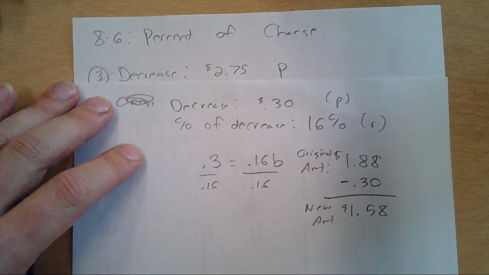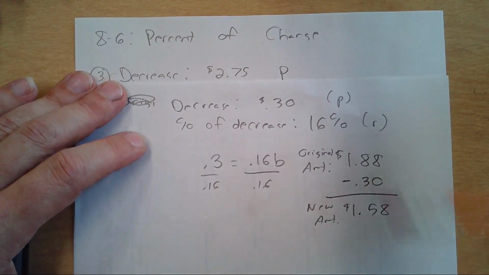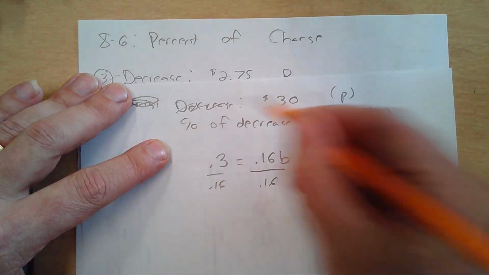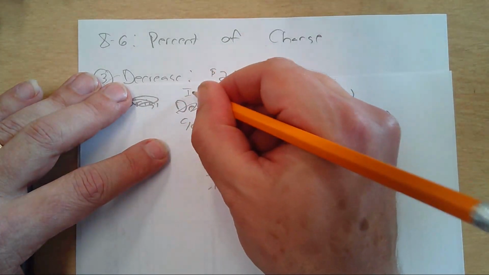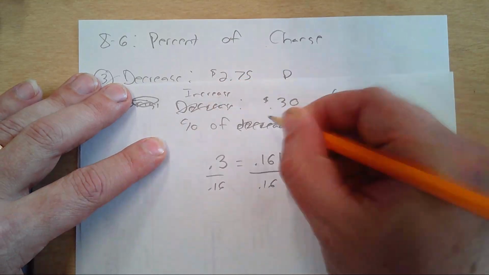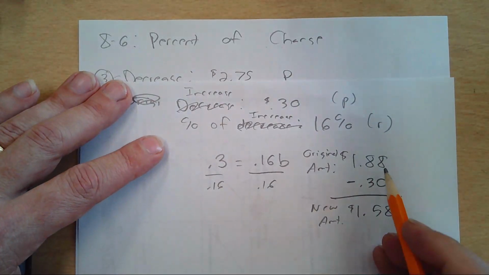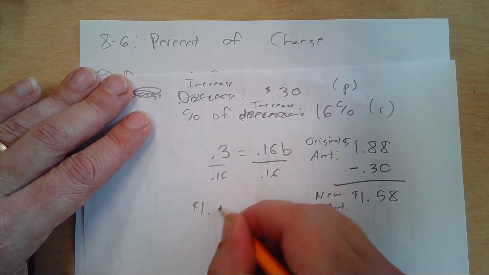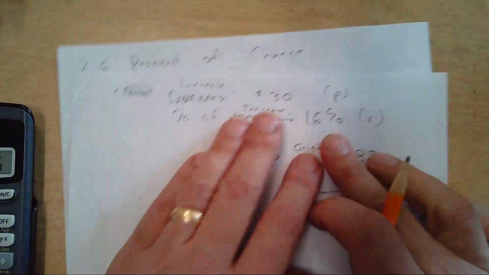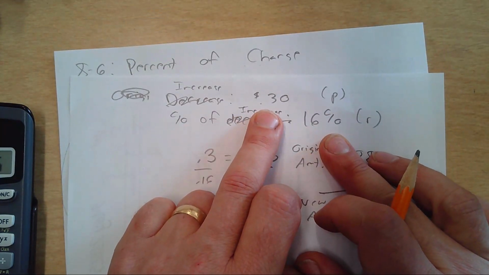And again, you don't have to write this one down here, but you can see if I just crossed all this out here and just wrote increase, increase, well, nothing would change here. The original amount would still be $1.88. I never actually changed any of these numbers here.